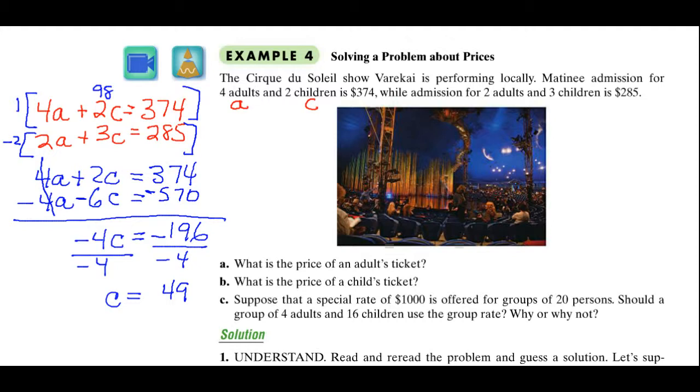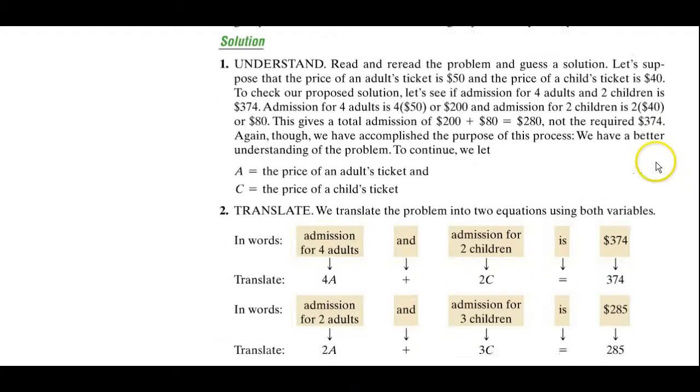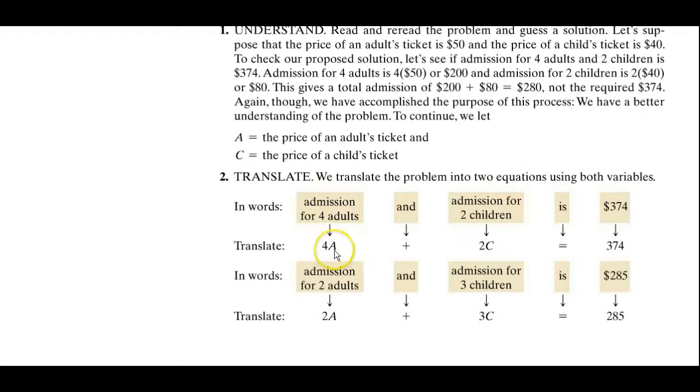Okay, well, I'm pretty sure you can do the math, and they have it all laid out here as well. So also they're using A for adults and C for students. Let's see what they use to solve it.